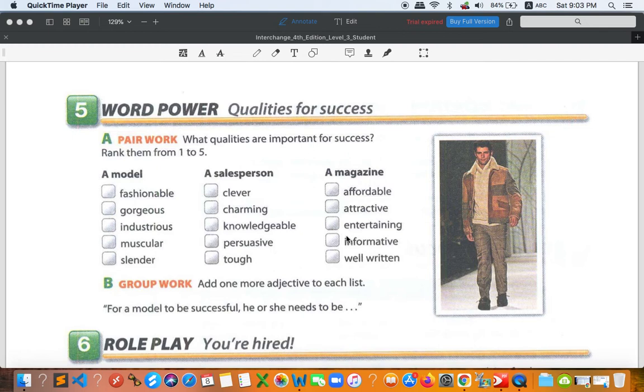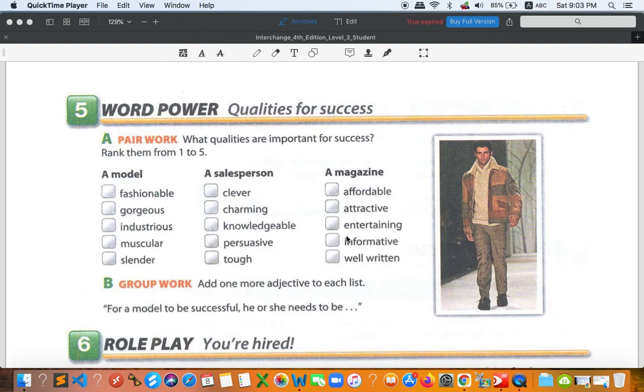Industrious, hardworking. Muscular, having big muscles. And slender is thin, but not skinny. Slender is a positive meaning. All right.